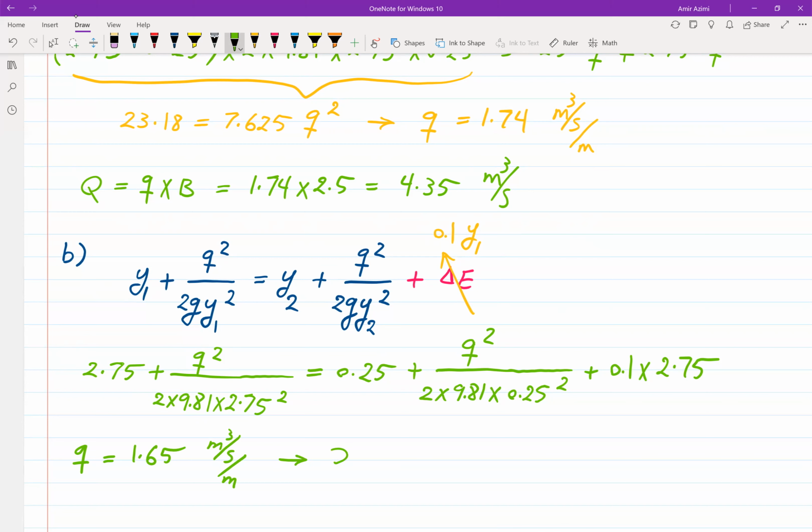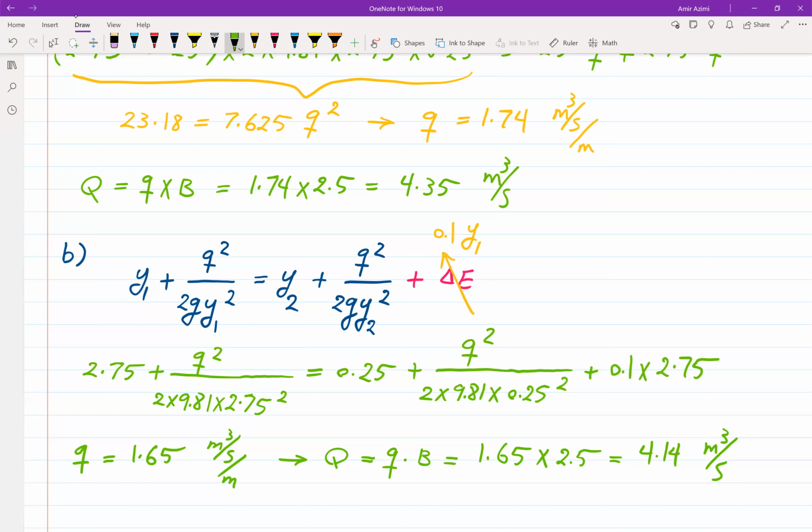And from that, the total discharge is q times B, which is 1.65 times 2.5, and it becomes 4.14 cubic meter per second.